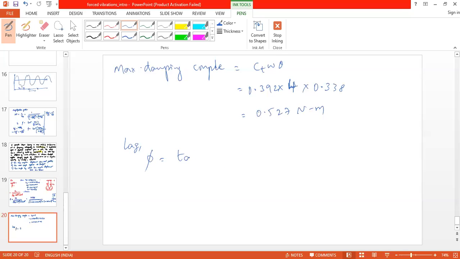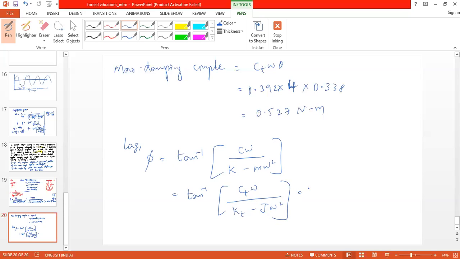Phi is equal to tan inverse of C omega by K minus M omega square, or tan inverse of Ct omega by Kt minus J omega square.